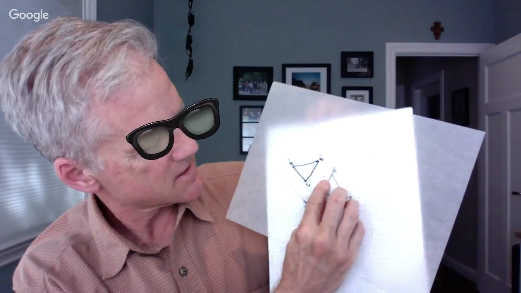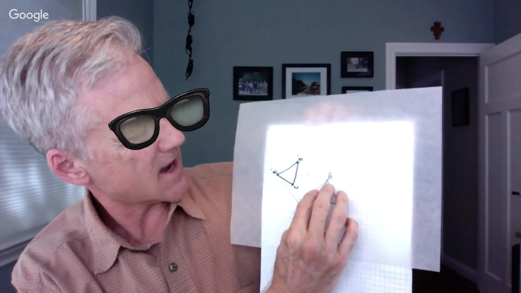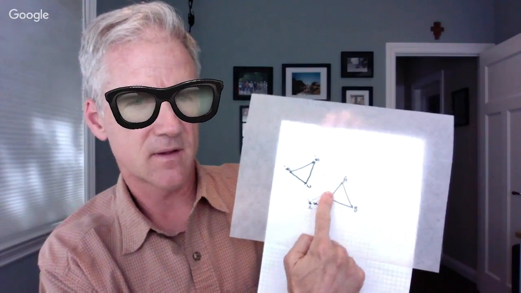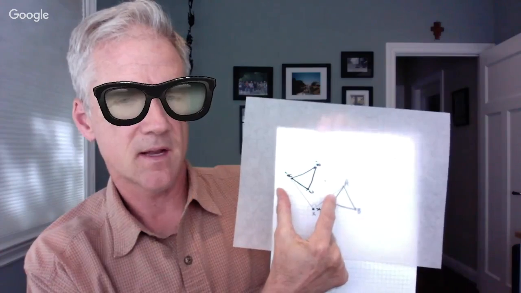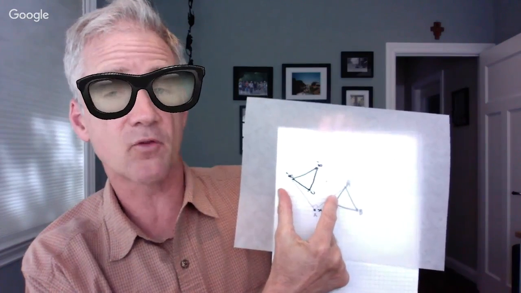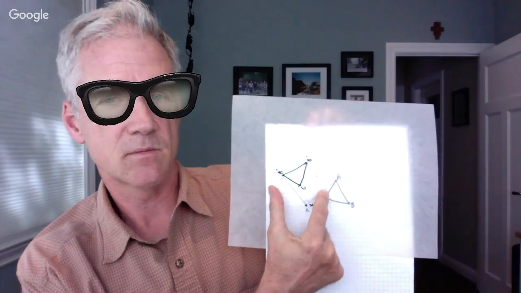I kept X on top of X, and I twisted until A prime was on top of my new line. See? And so what I've done is I've rotated my object 90 degrees.